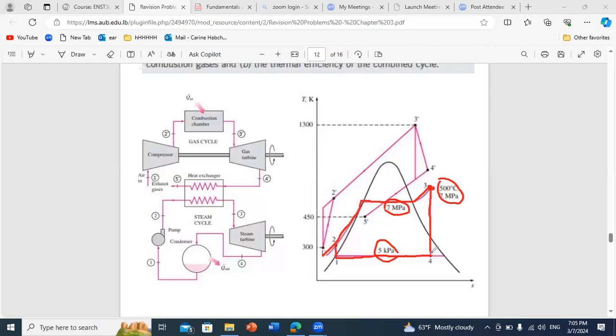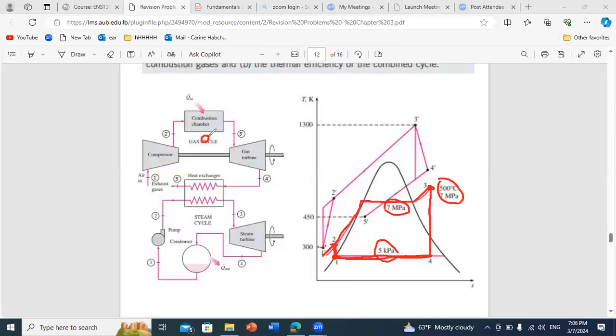And for your condenser, as usual, you exit at liquid state. Okay, so this is how you can draw your Rankine cycle, and you need to determine temperatures. Since you know the temperatures at your different points, you can consider a scale for temperature.